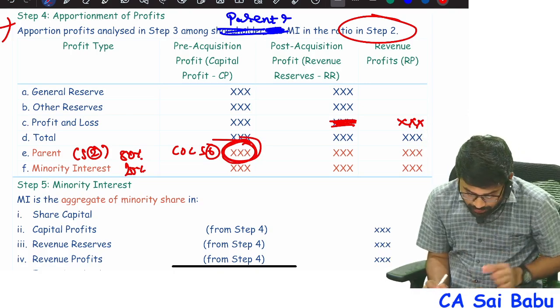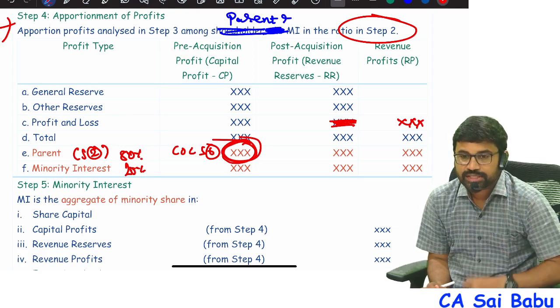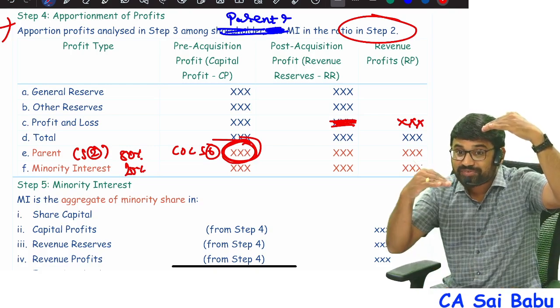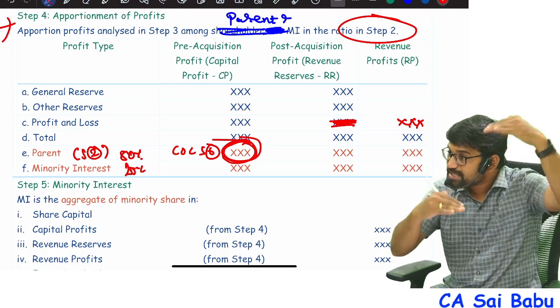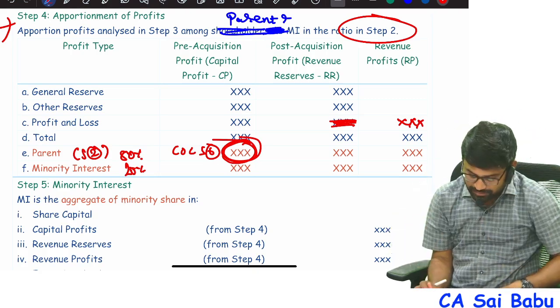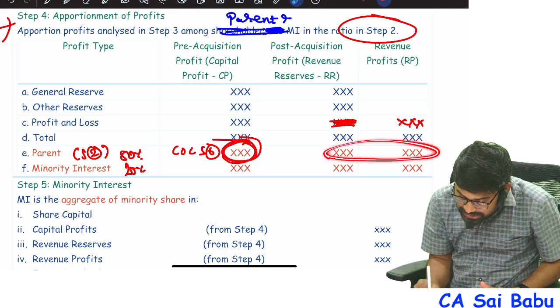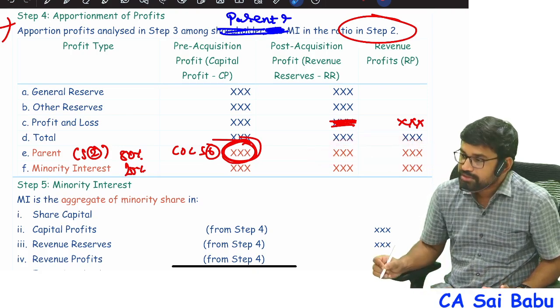So parent company share in the pre-acquisition profits is adjusted to cost of investment. Cost of investment is compared with the parent company share in the net assets of subsidiary. The difference is goodwill or capital reserve. And parent company share in the post acquisition profits of subsidiary, see this, these are post acquisition profits.